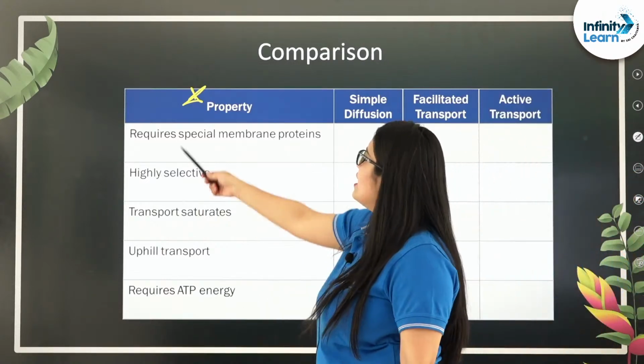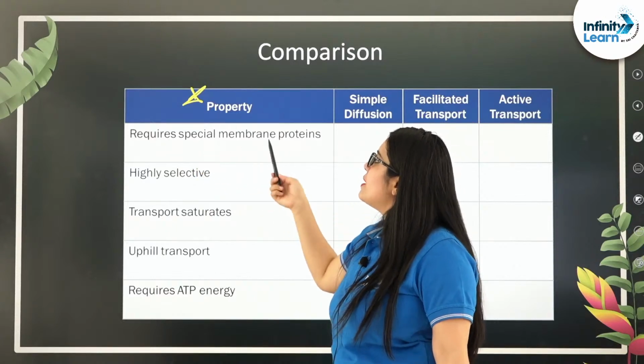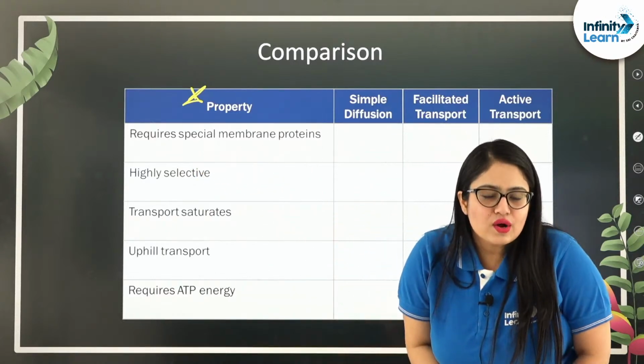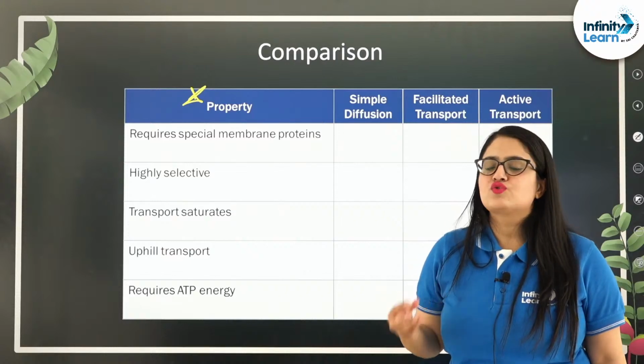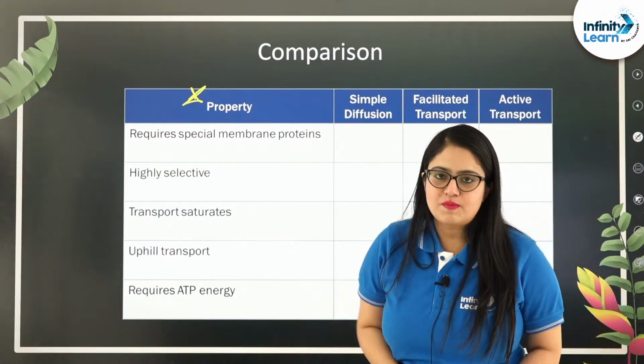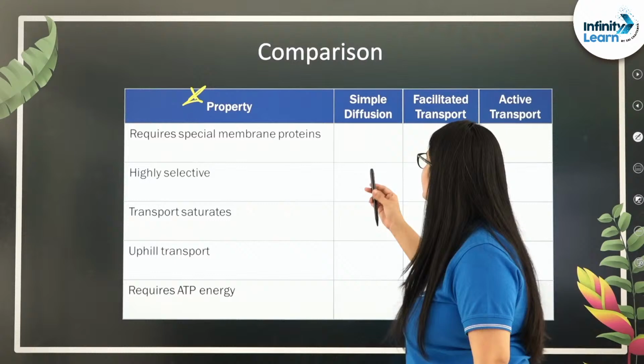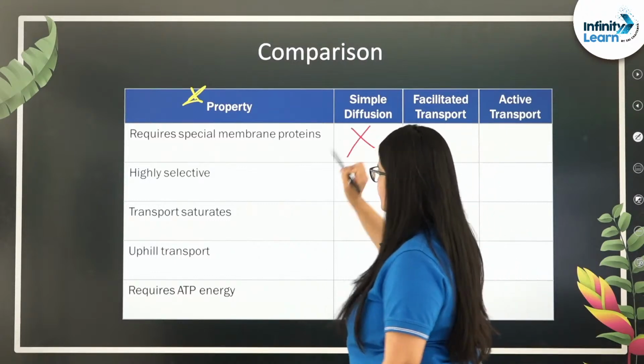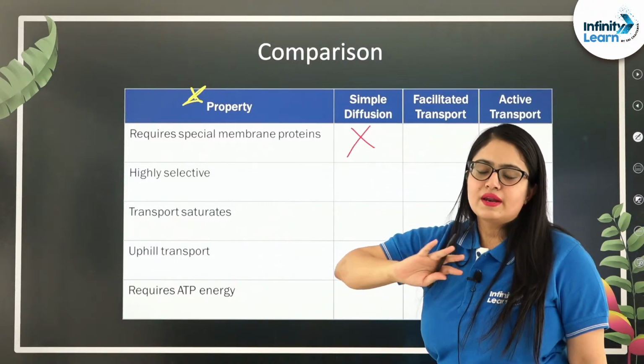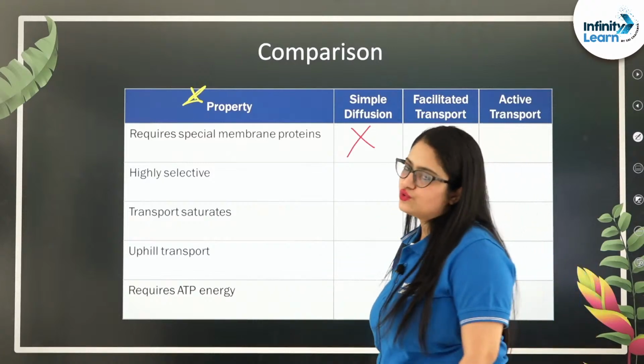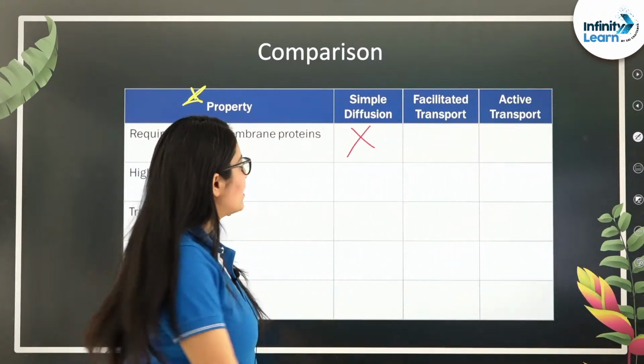So let us talk about requirement of special membrane proteins, right? Who requires special membrane proteins to transport substances across plasma membrane? Definitely it is not simple diffusion. Simple diffusion does not require involvement of membrane proteins.